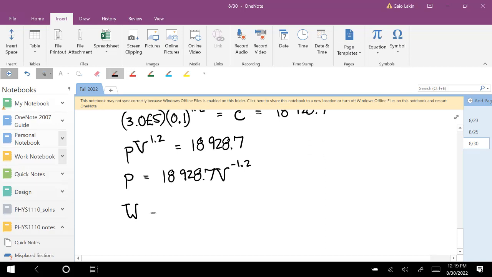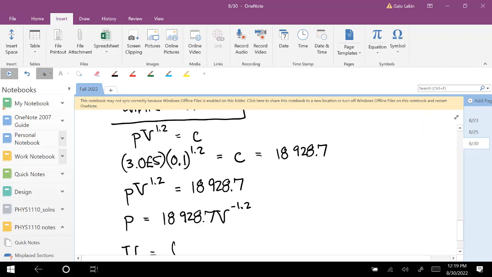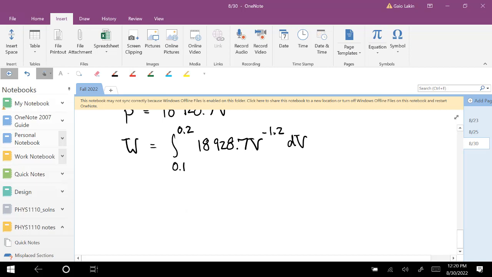So work is equal to the integral from volume 1 to volume 2. So that's 0.1 to 0.2 of 18,928.7 V to the negative 1.2 dV. So now you have to use the exponent rule for integrals.